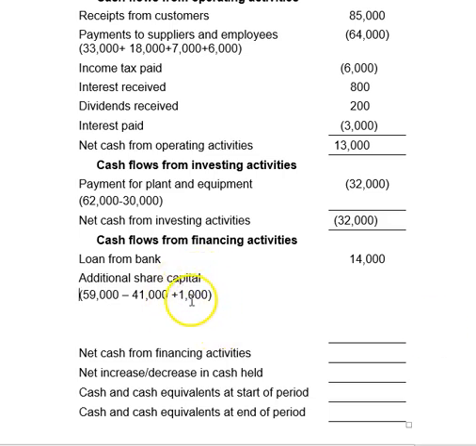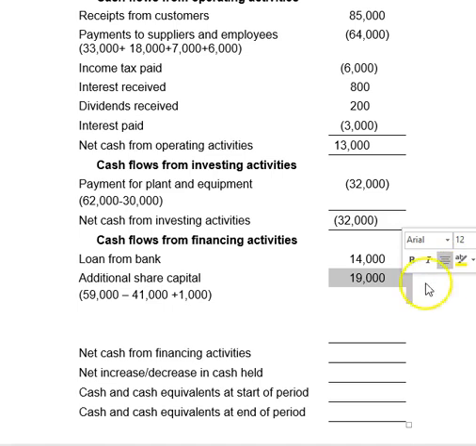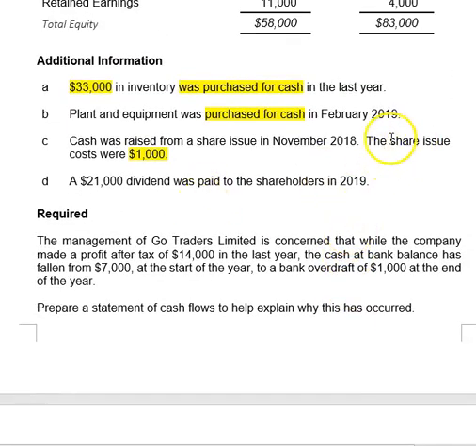I need to exclude the share issue cost, so I need to add back that 1,000 worth of share issue cost. Okay, so 59,000 minus 41,000 plus 1,000, you will get 19,000. Okay, if I raise fund from share capital, so there will be a cash inflow, so this figure over here is a positive figure. So next we will record the share issue cost.